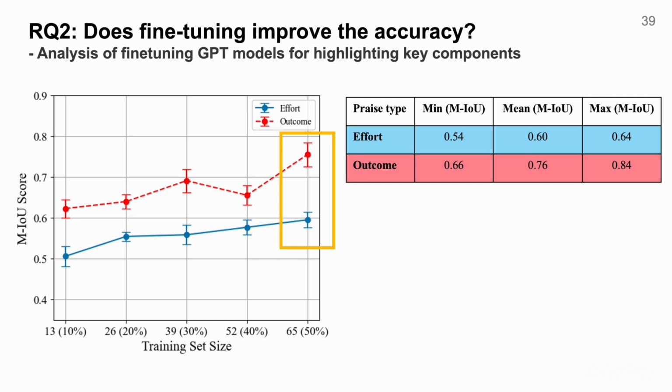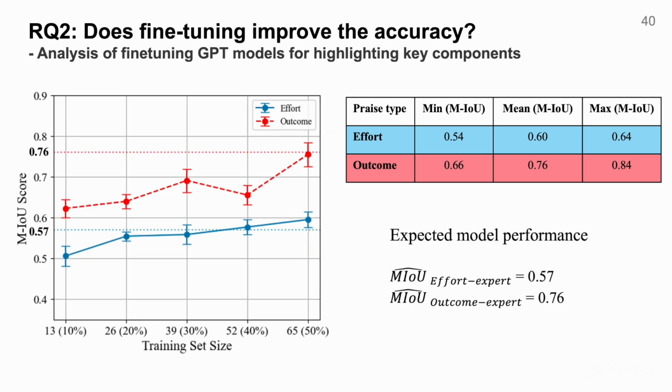And for each percentage, we ran several random seeds to see the minimum and maximum performance of the model. You can see the model generally achieves good performance when we use 65 instances as the fine-tuning data set.